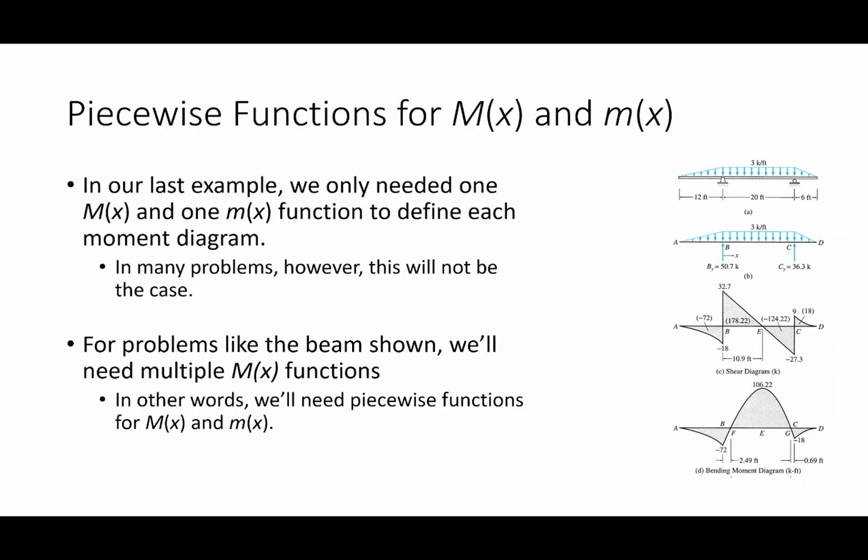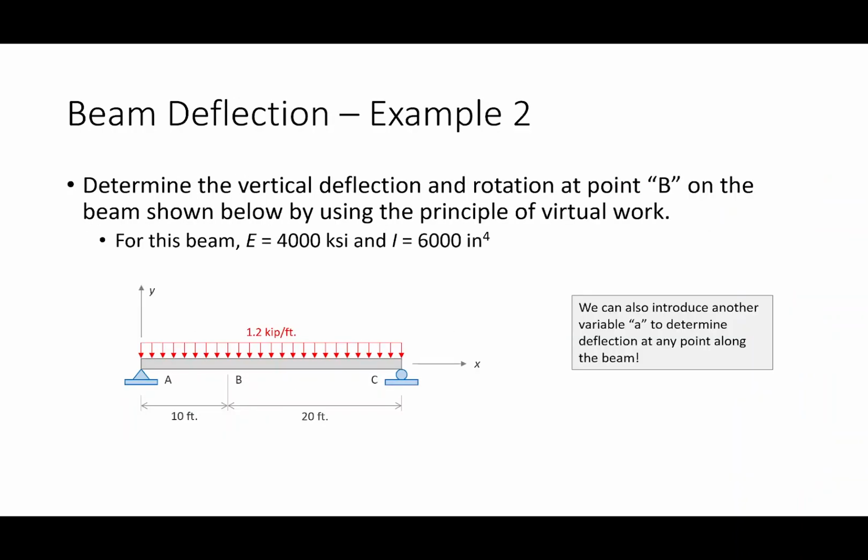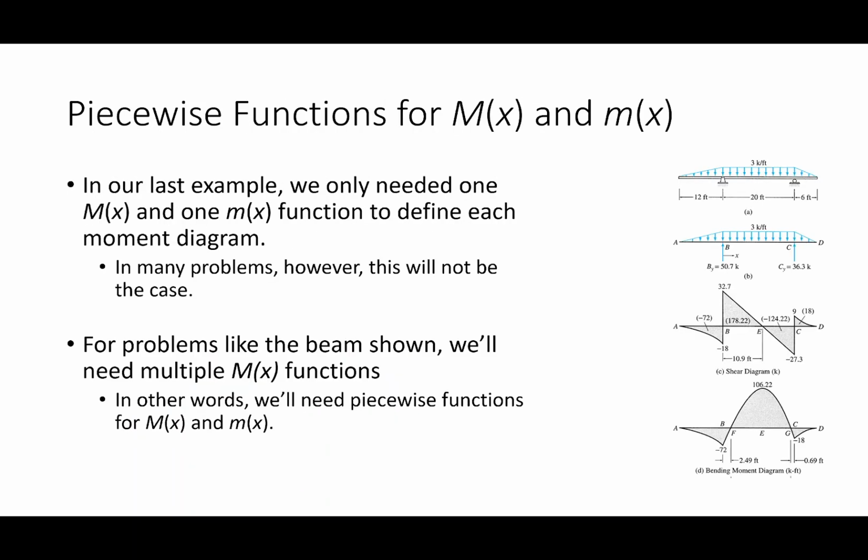So for example, if my coordinate system was right here, maybe I'll draw that on the screen. Let's say that's the X and Y axis.